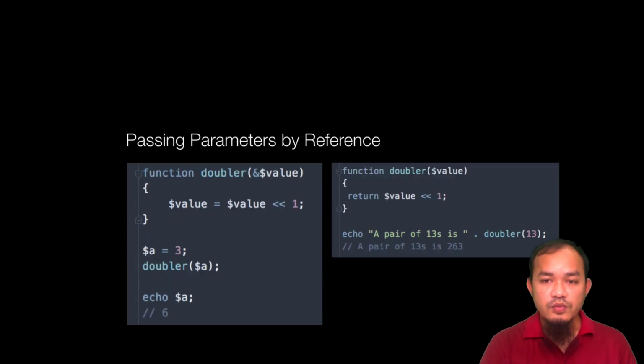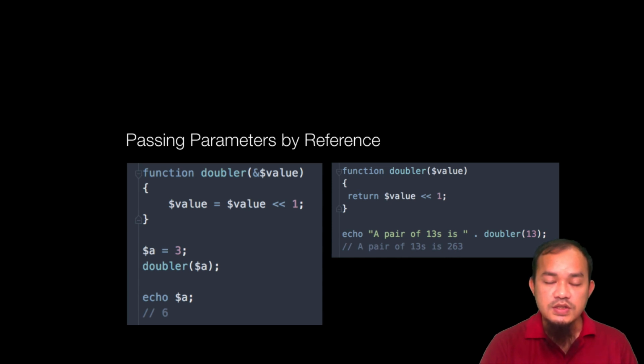This one is a comparison between the same function, doubler. The first figure is where we assign by reference, the second is where we assign by value. You see this one. We have a function doubler, then ampersand, and then dollar sign value. There is a variable that we use as the argument.